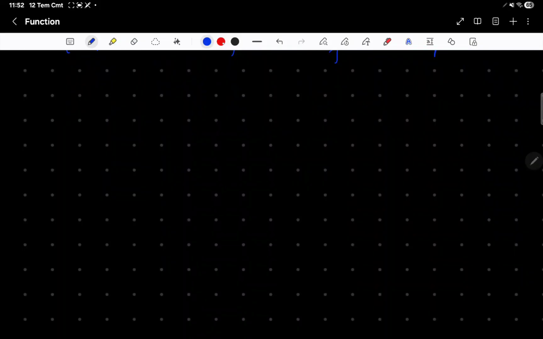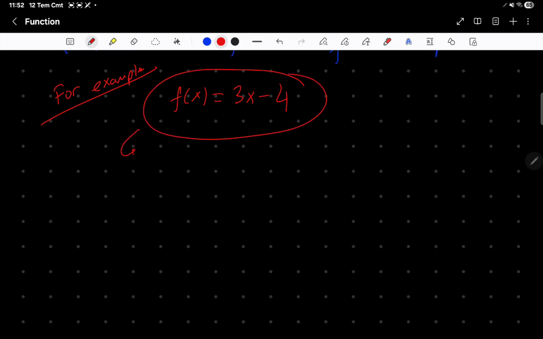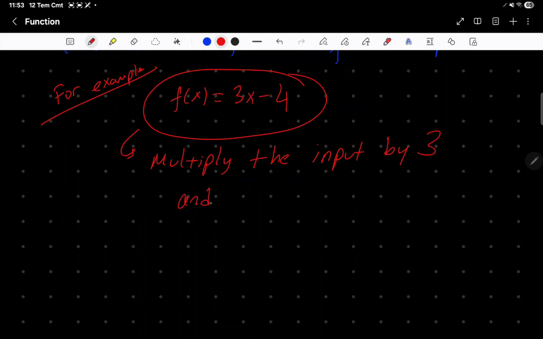For example, f of x equals 3x minus 4 means multiply the input by 3 and subtract 4.